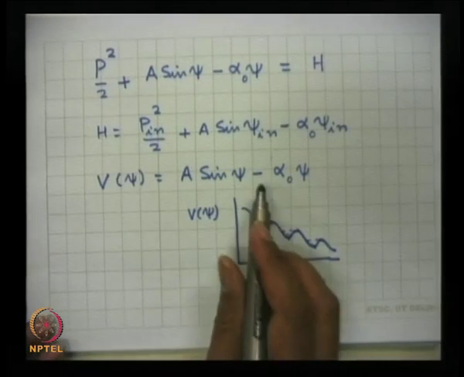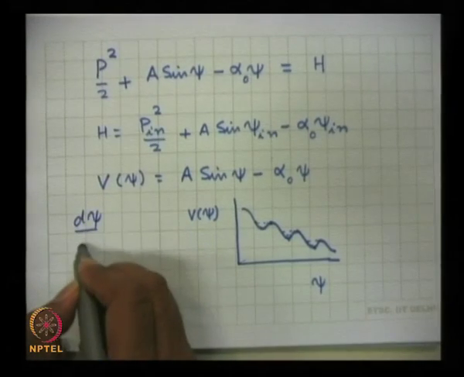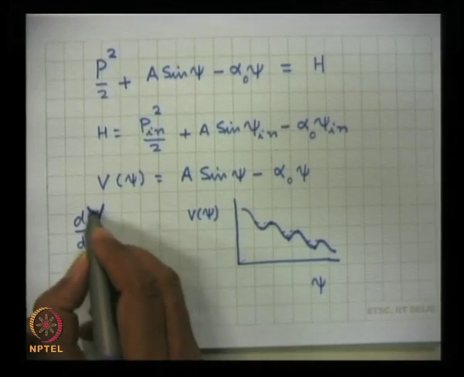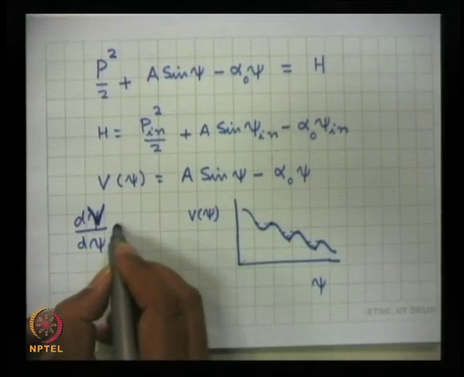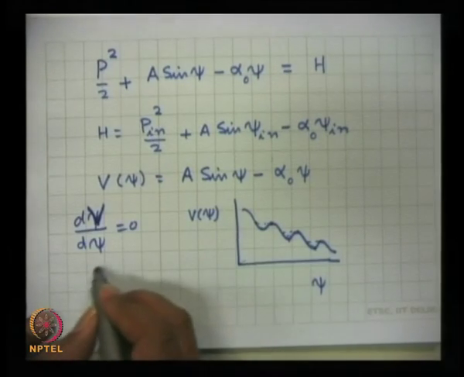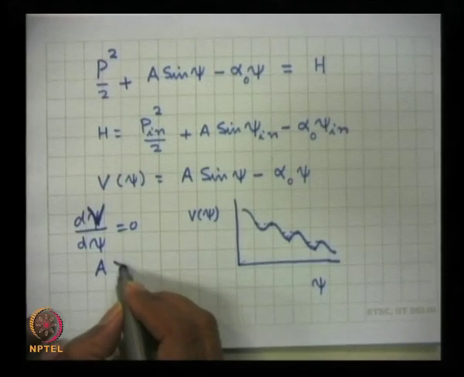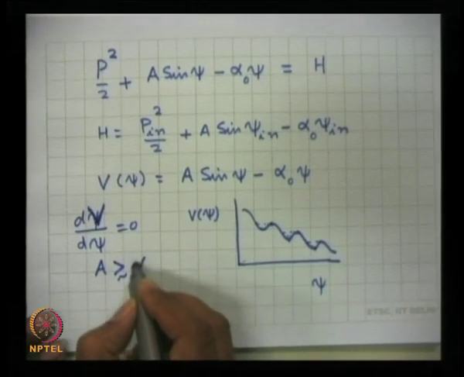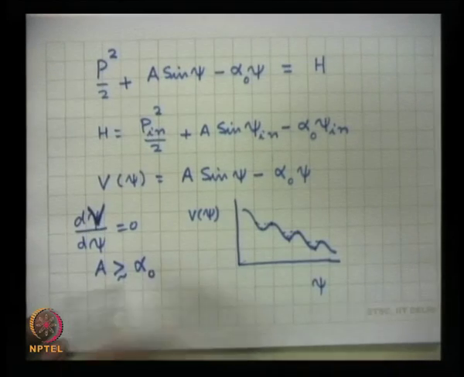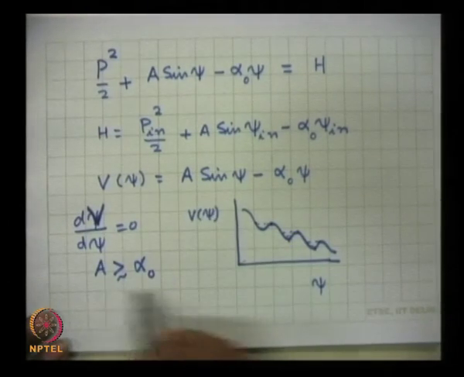The condition turns out to be, if we want dV by d psi equal to 0 for minima to occur, then you require that A should be bigger than or comparable to alpha 0. This is a necessary condition.